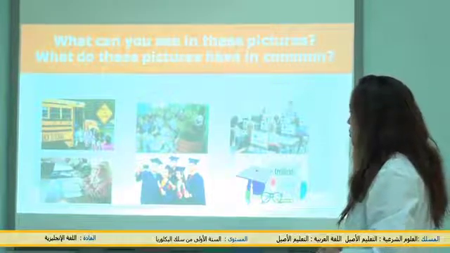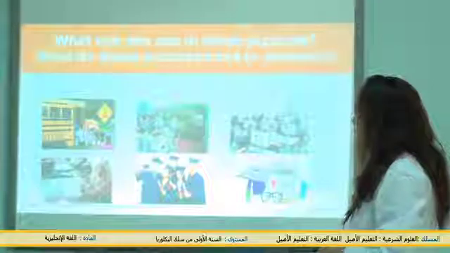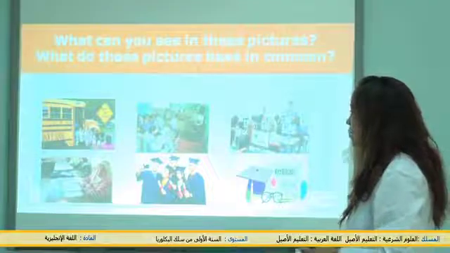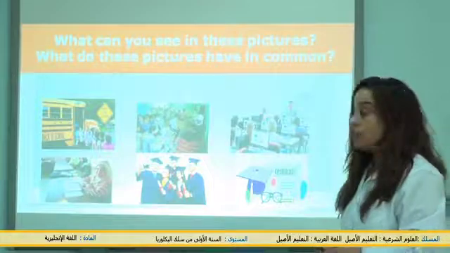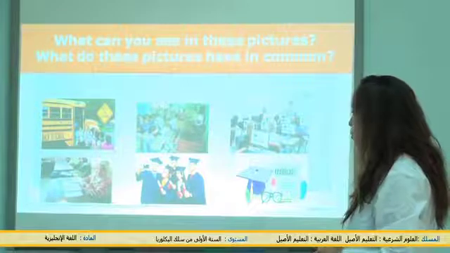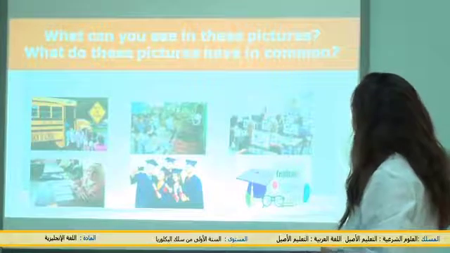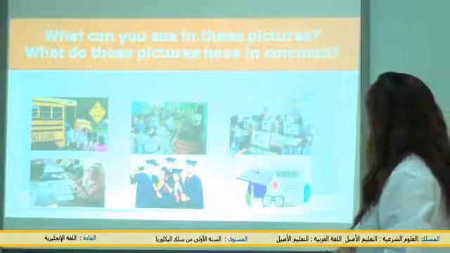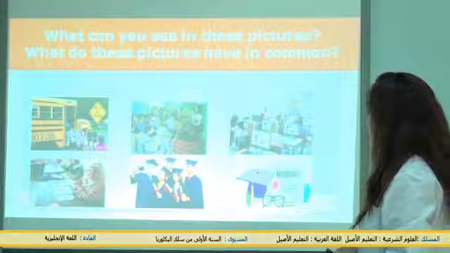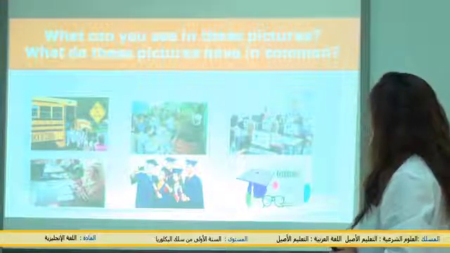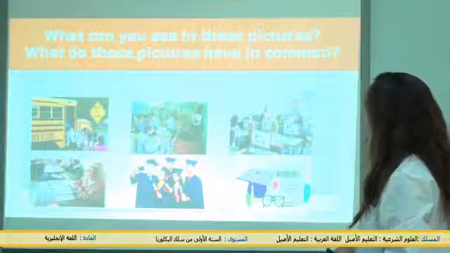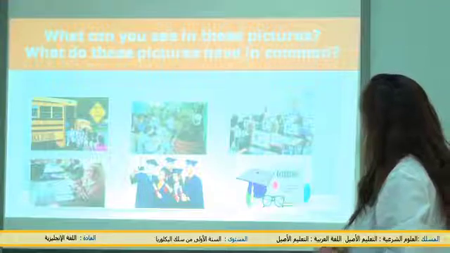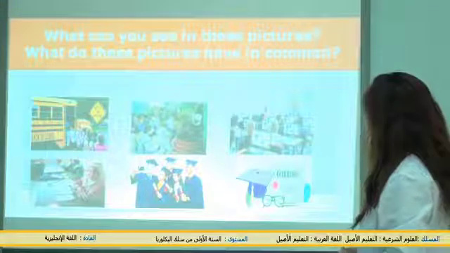In the second picture, we can see a Quranic school in which a group of students are learning religion and Quran. While in the third picture, we have a modern classroom in which students use computers and laptops to facilitate their learning.